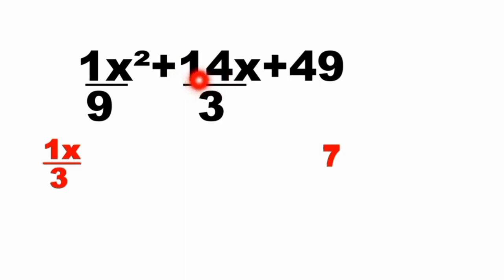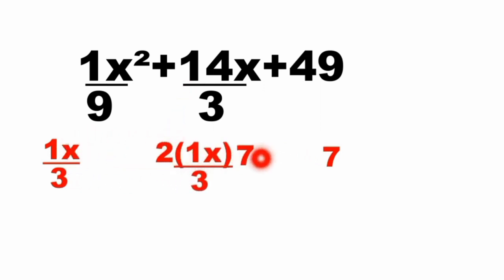The middle term is twice the product of the first term and the last term. So twice the product is 2 times 1x over 3 times 7, which is 14x over 3. So this is a perfect trinomial square, but with fractions.